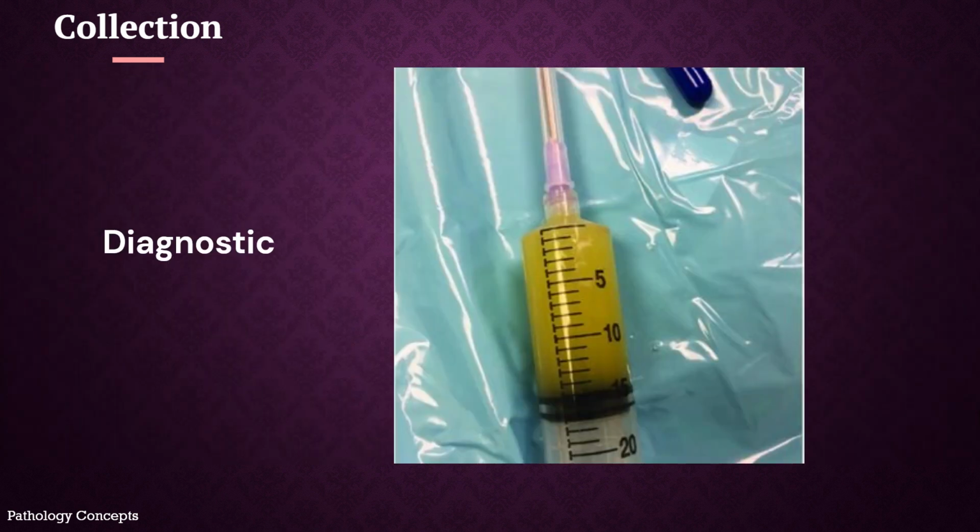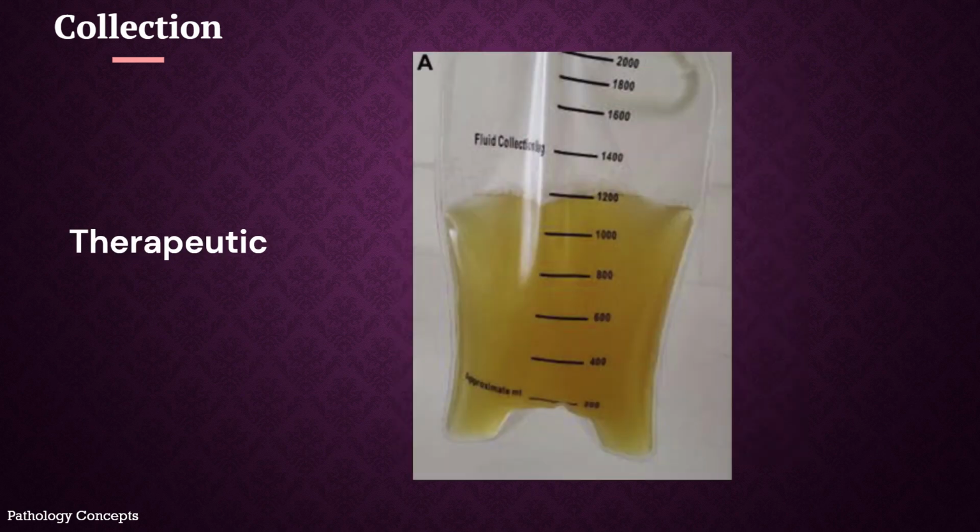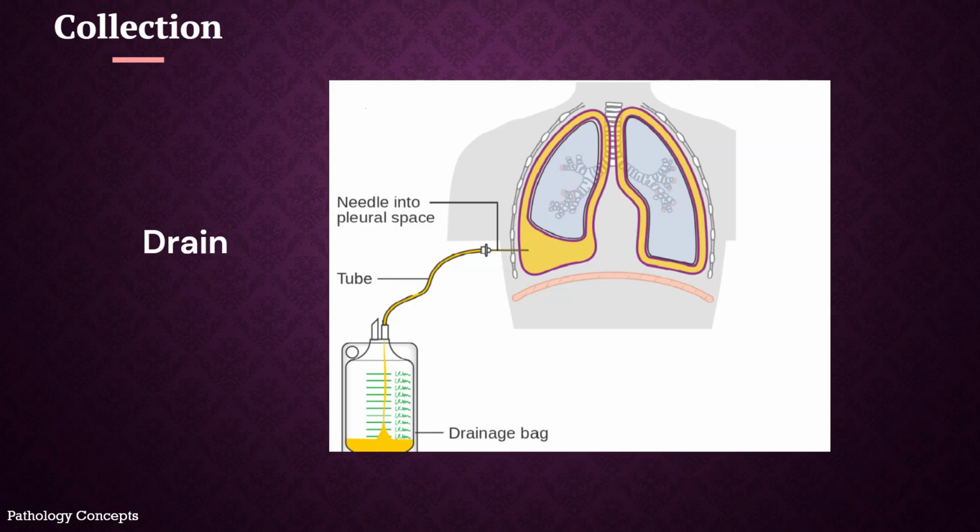Diagnostic thoracocentesis is a small volume, approximately 20 cc to 30 cc syringe. Therapeutic thoracocentesis is a large volume which may have multiple liters of fluid. If the fluid is anticipated to reaccumulate quickly, then a drain is left in place to collect this fluid.